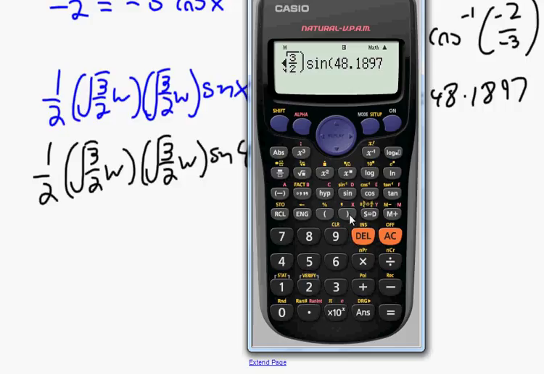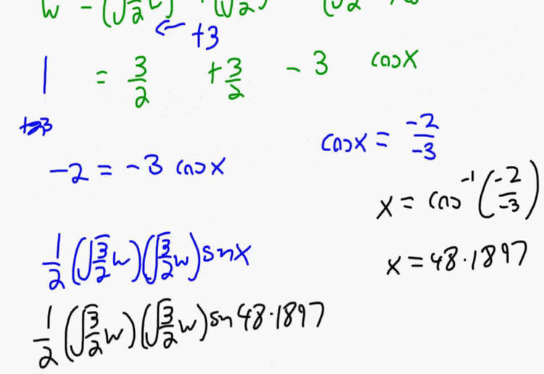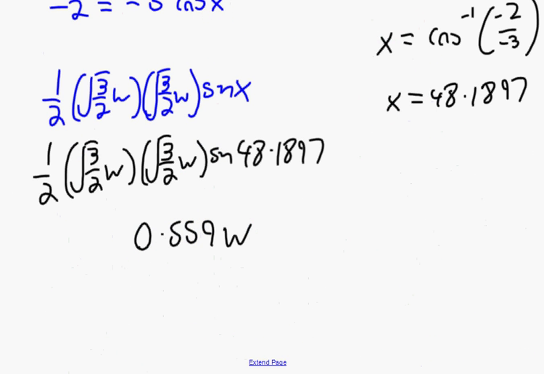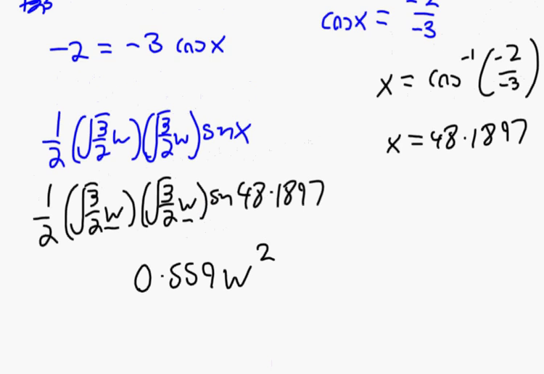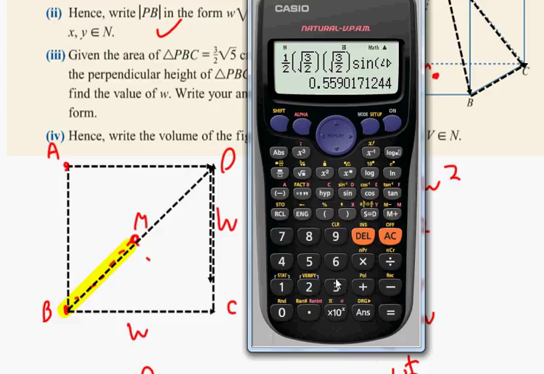Now, if you were jammed in the exam, you'd say it's 0.559. Let's say you couldn't figure out what happened. There's still 2 W's there. Okay, right? They asked you to prove that it's the same thing as this here. So what we're going to do is we're going to do 3 over 2.